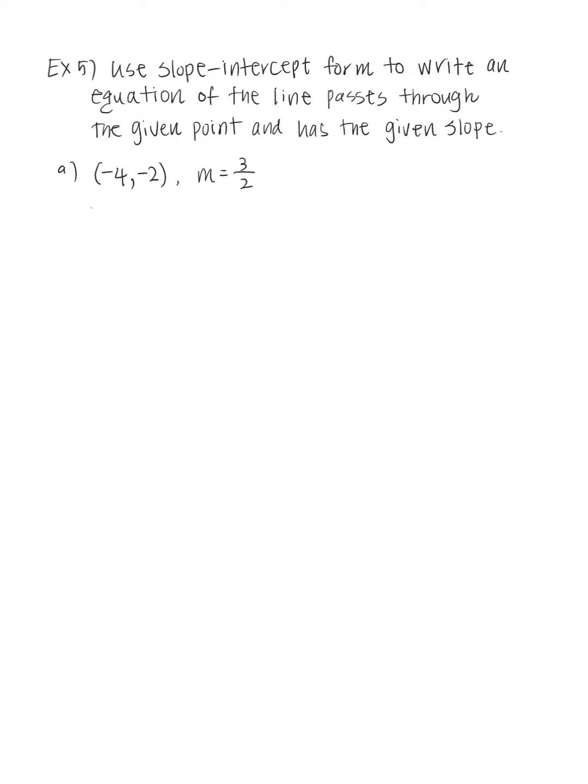The slope-int, int means intercept, is y equals mx plus b. So here we're given the slope, so let's just plug that value in. So right now we have y equals 3 over 2 x plus b.